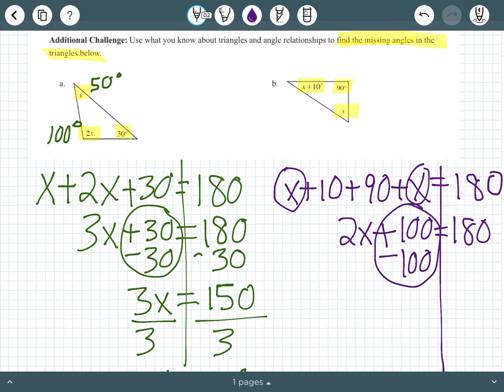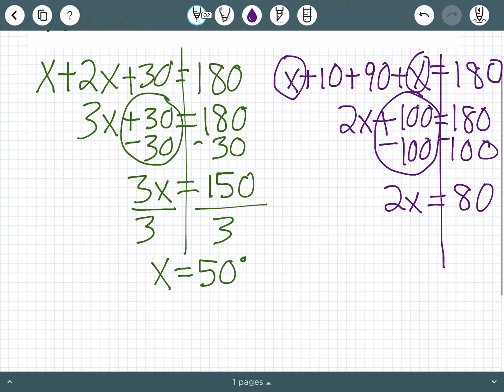I get a zero pair here. I'm left with 2x equals 80. And to get x by itself, I will divide by 2. I have to divide by 2 on this side as well. So I am left with x equals 40.